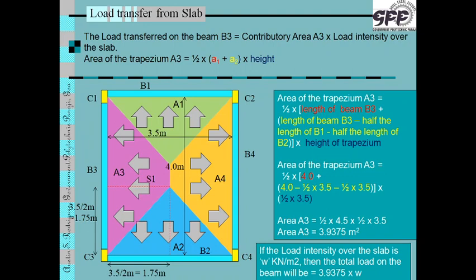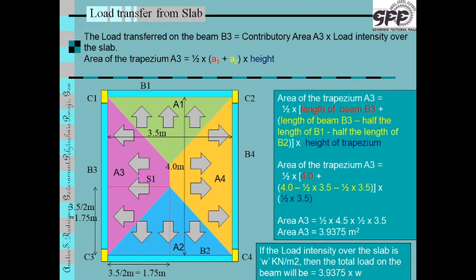So, the total length is 4 meters minus half of 3.5 meters for the triangle A1, that is the distance from its apex to its base, and minus half of 3.5 for the triangle A2.